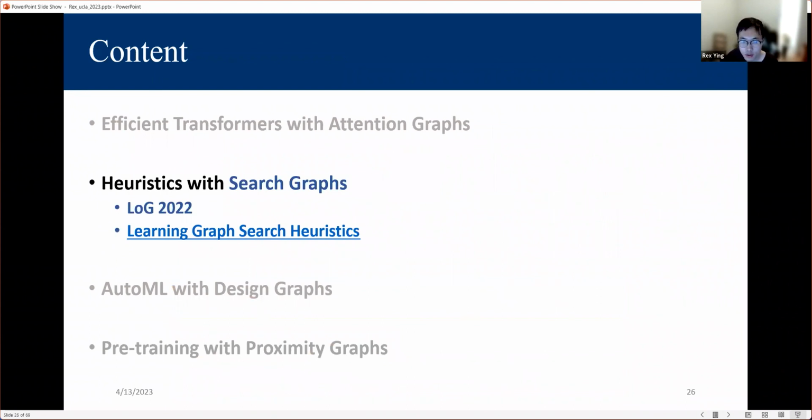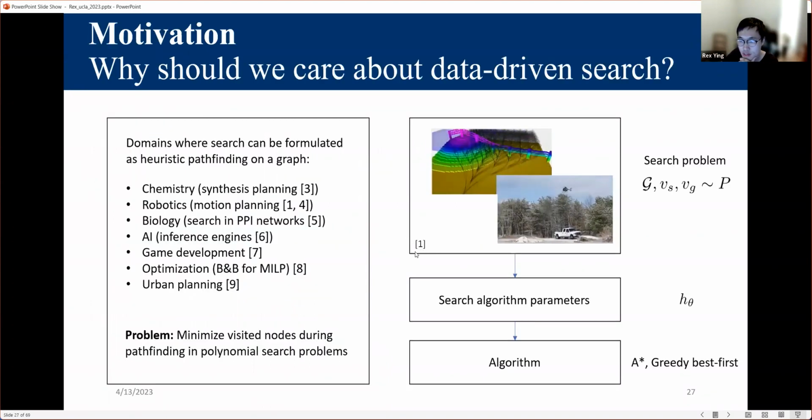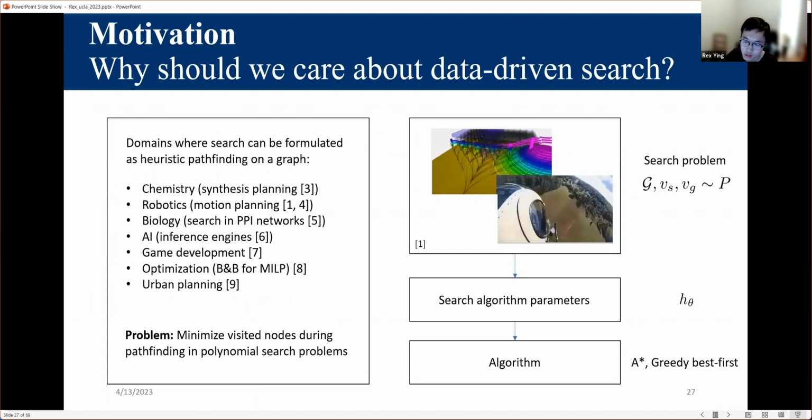Aside from that, I'm going to also talk about some of the search problems, and this is another work that we did last year on learning graph search heuristics. This can be applied to many scenarios, and search is an important problem. So in, for example, chemistry, robotics, biology, and many other things, we always have this problem of starting from something and we want to search over a very large search space, right?